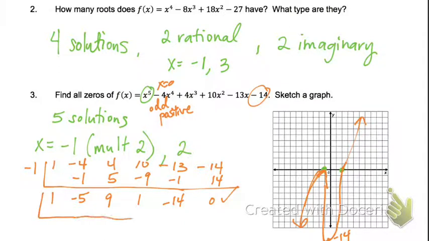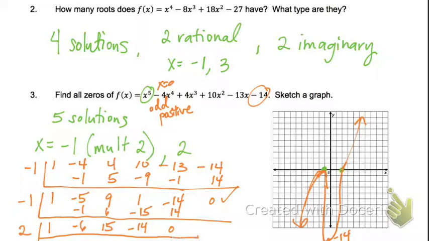Then I'm going to do -1 again, kind of running out of room. 2 times 2. Okay, so along the bottom you should get 1, -4, and 7.